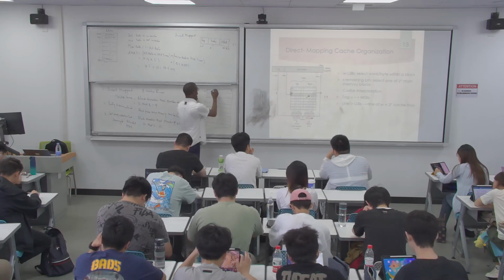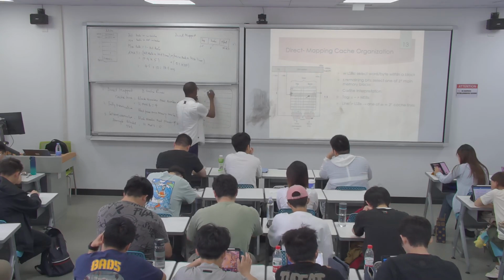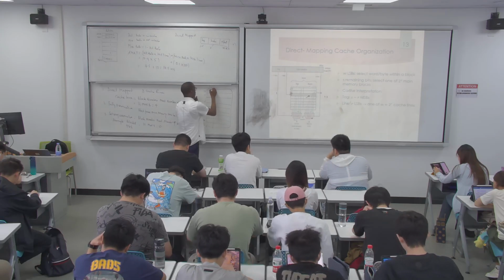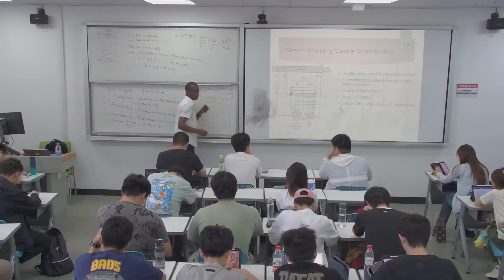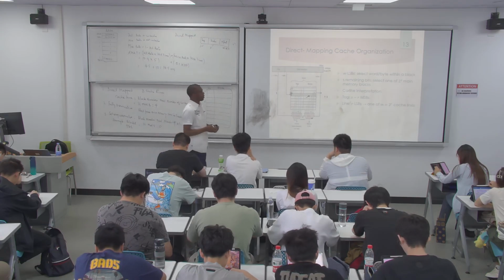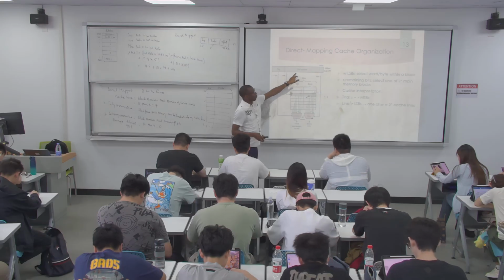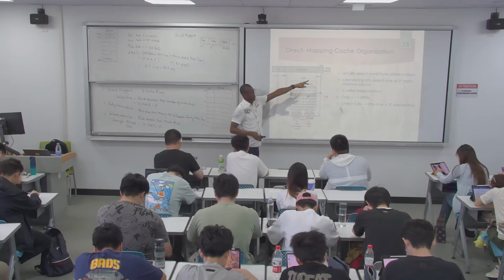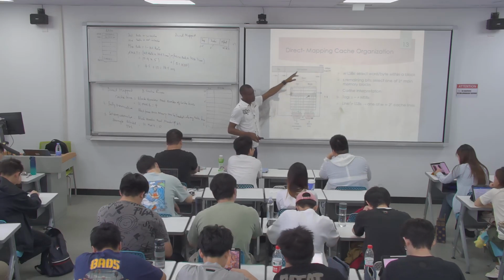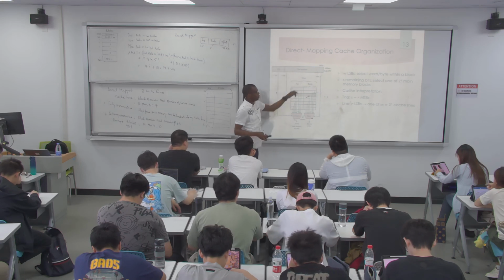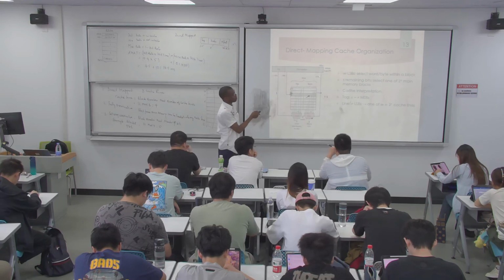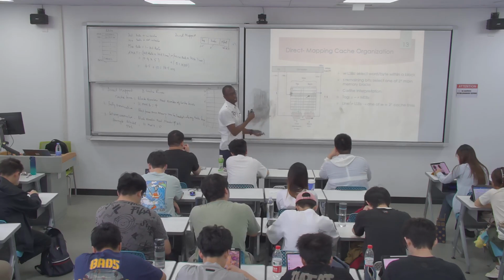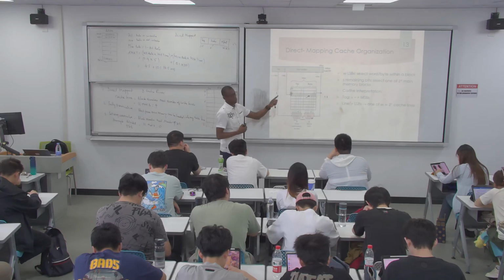Here we have the tag, and here we have the block. This is the address from the central processing unit. The least significant bits here, the W bits, are there to select a word or a byte within a word.